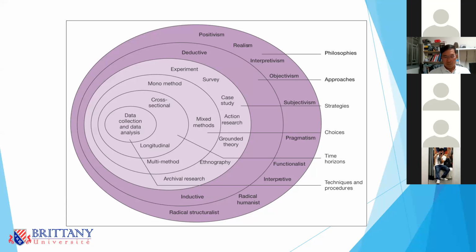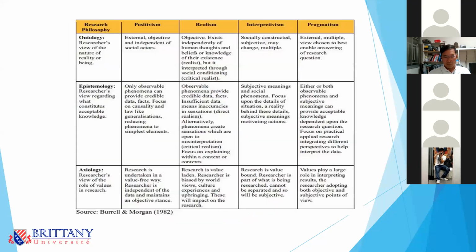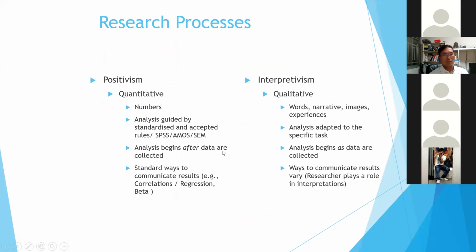This is the research onion. You can refer to this. I have explained here what is positivism, what is relativism, interpretivism, pragmatism. You can read it. Basically, I mentioned positivism is quantitative. It only deals with your numbers.